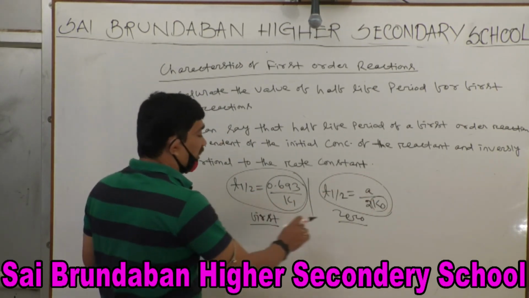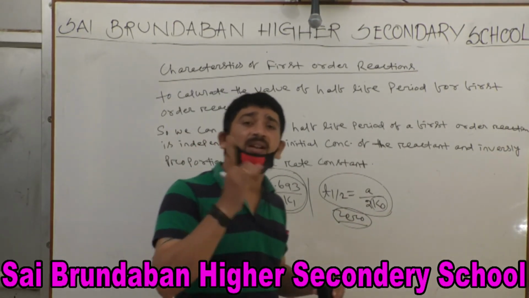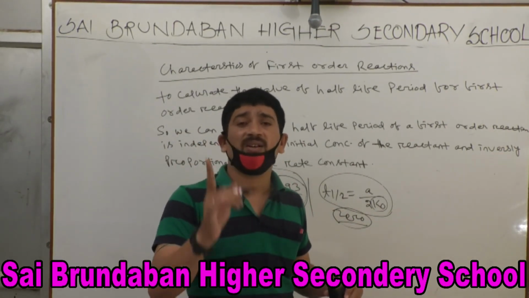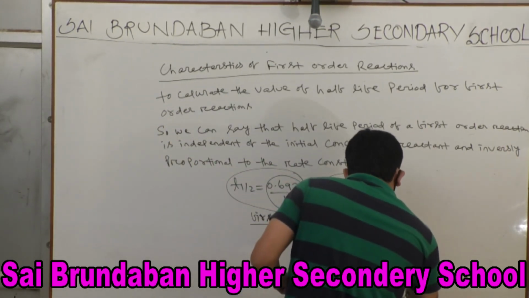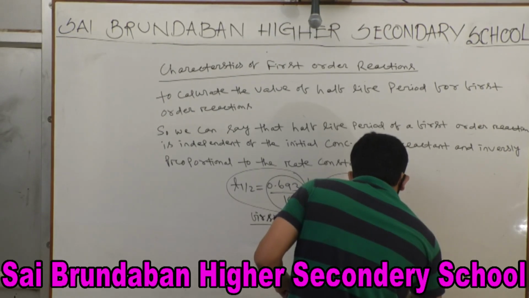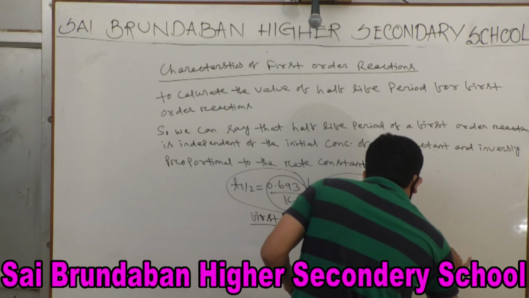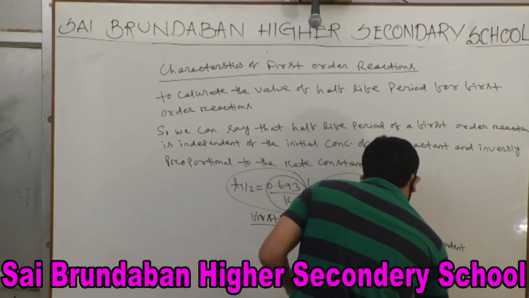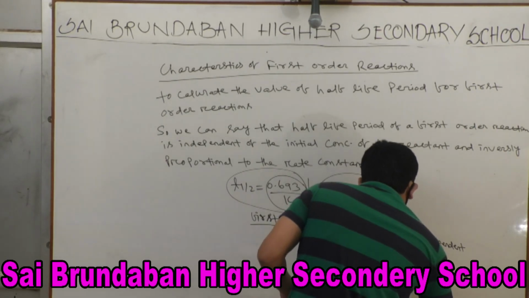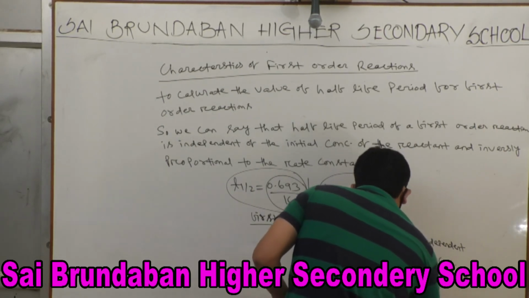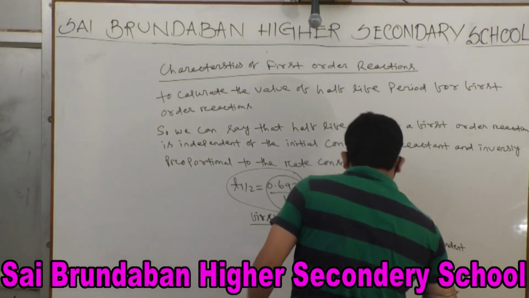So first is the definition. According to the definition of zero order reaction, these are the reactions in which rate of reaction is independent of the initial concentration of the reactant.